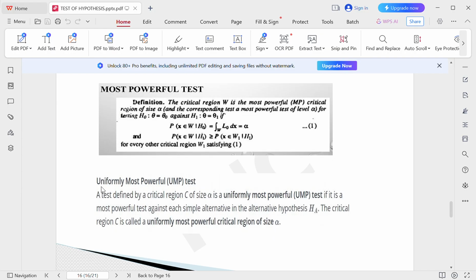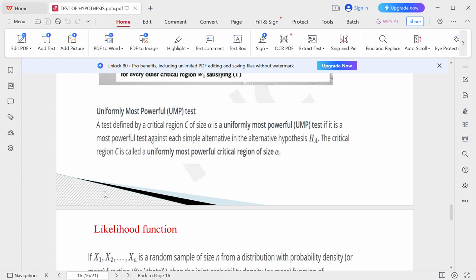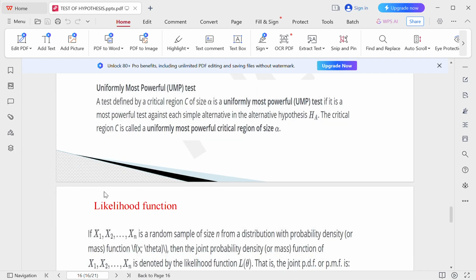What is a uniformly most powerful test? It is denoted by UMP. A test defined by the critical region C of size alpha is uniformly most powerful if it is the most powerful test against each simple alternative in the alternative hypothesis. The critical region C is called the uniformly most powerful region of size alpha.